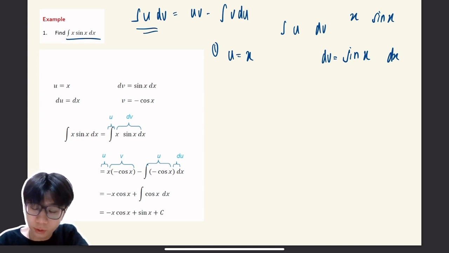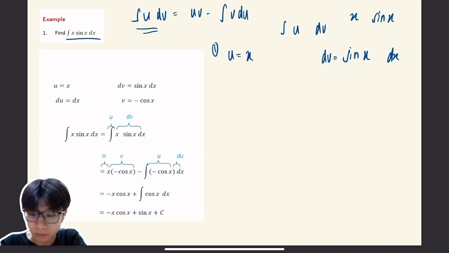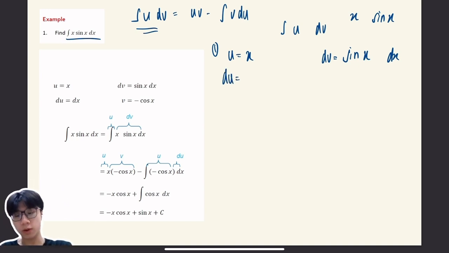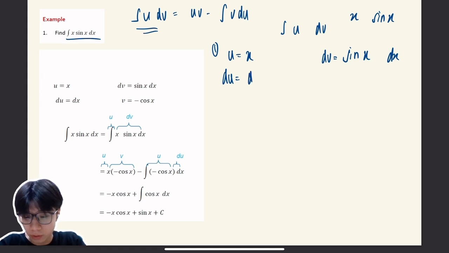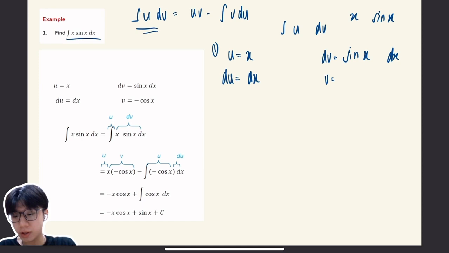For u equal to x, we will be doing differentiation. So du, by differentiating x, you'll be getting 1, so it's equal to dx. And for the dv one, we will be doing integration. So v is equal to what? By integrating sin x, you will be getting negative cos x.